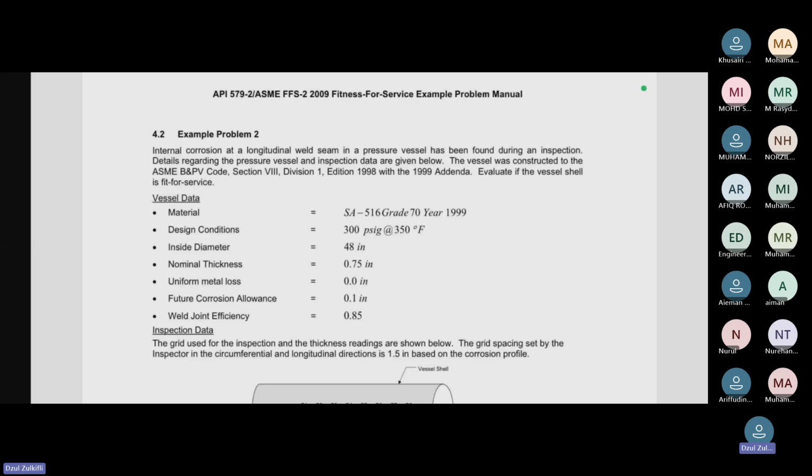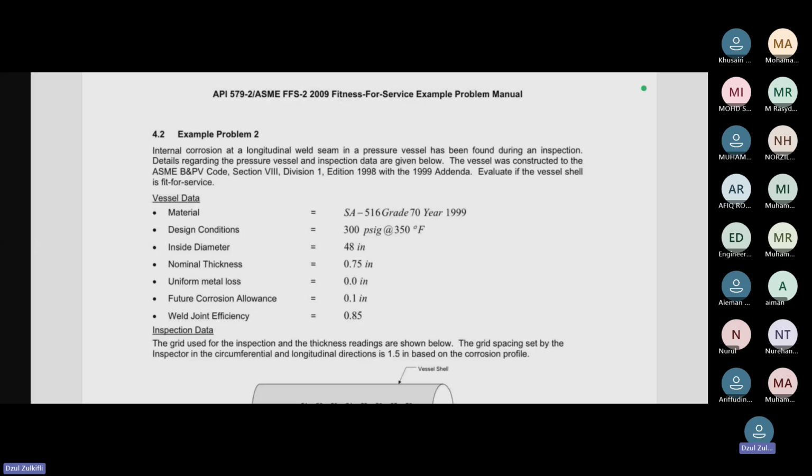The title of the part 4 assessment is General Metal Loss Assessment. General metal loss basically means you have corrosion that is quite widespread, and then the preferred method is the part 4 calculation method.